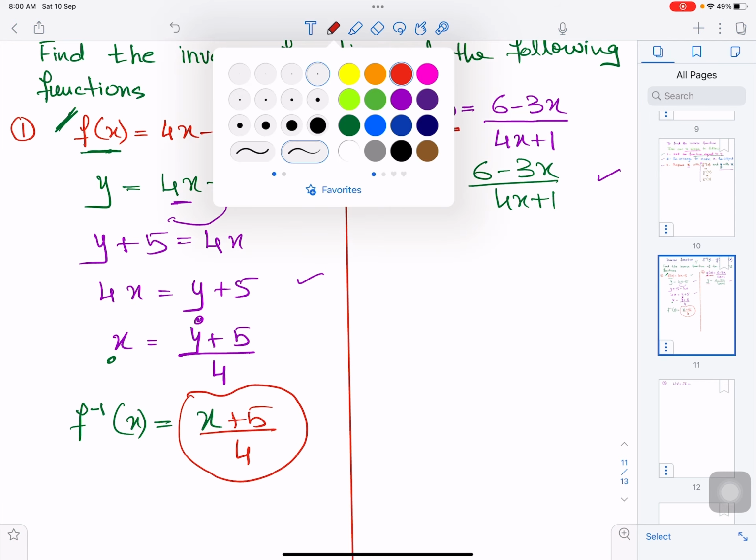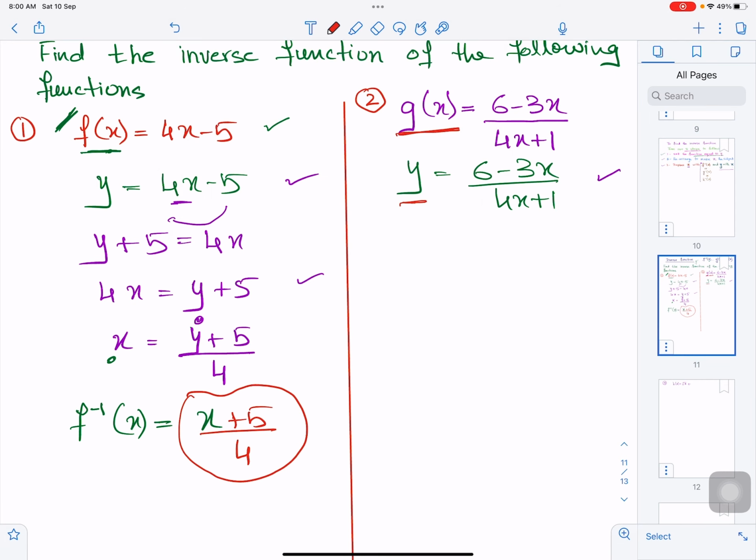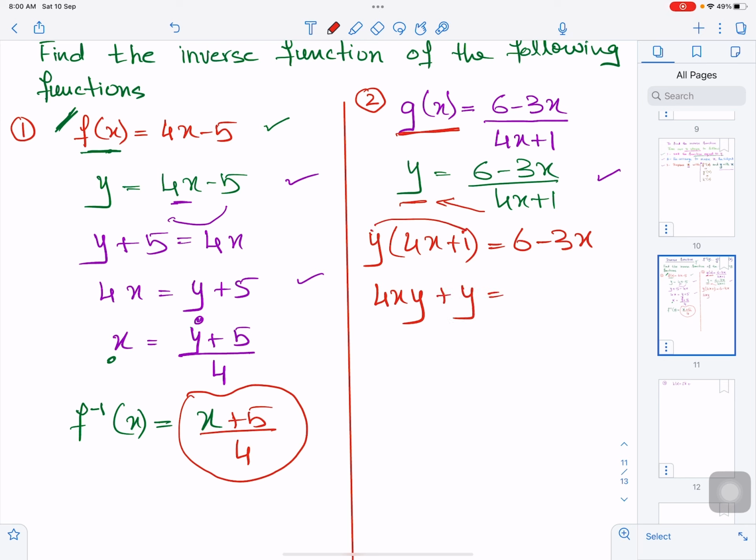The second step was make x a subject. So we have just seen how to manipulate the equation to make x a subject. So let's do it here again. y(4x plus 1) equals 6 minus 3x. Now open the bracket. It will be 4xy. y will multiply by 1 also, y.